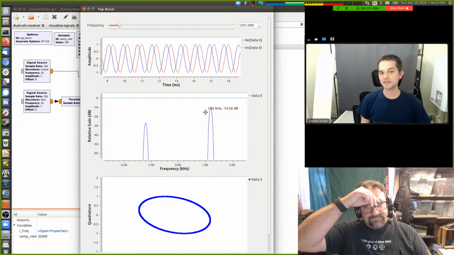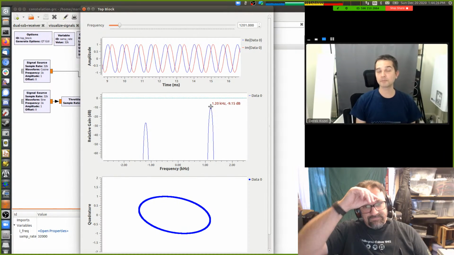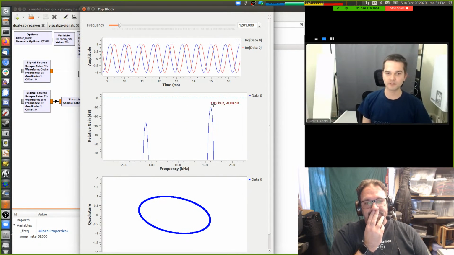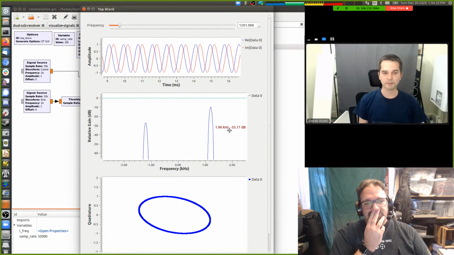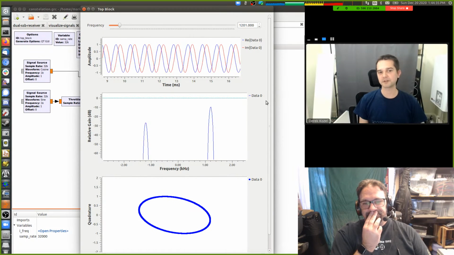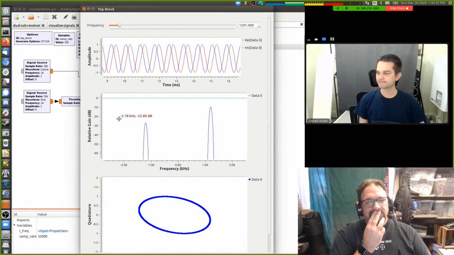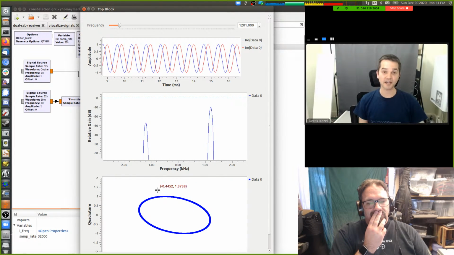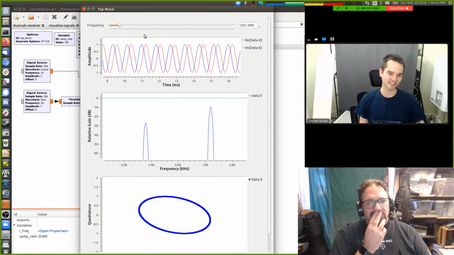So we have a 20 dB difference here. So it's a 1% power error, even though they look really similar. The power of the negative frequency is 1% of the positive. So yeah, congrats, we've got an IQ imbalance.